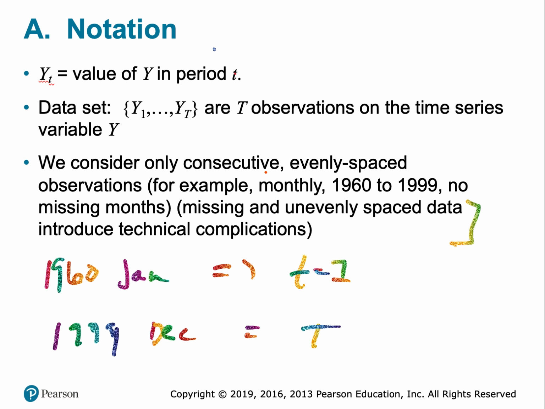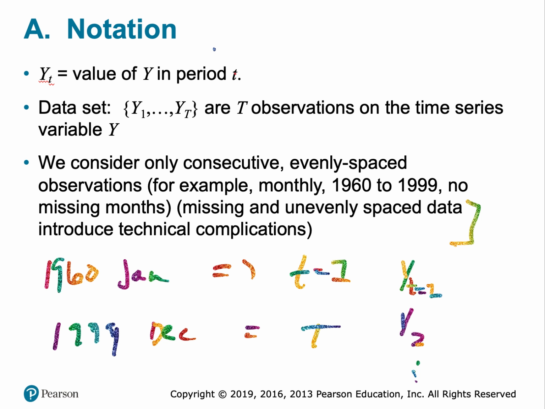If our monthly data were, for example, non-farm payroll, and that were y, then yt equals 1 would be non-farm payroll for January of 1960. Then y2 would be non-farm payroll for February of 1960, and so on and so forth.